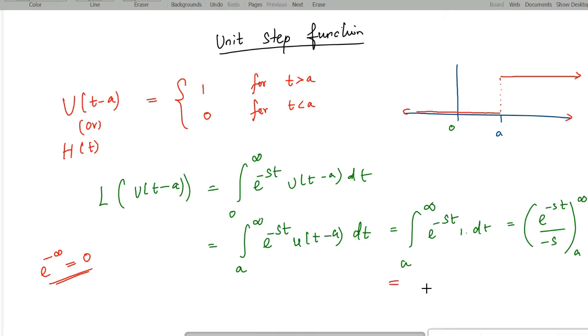From that you get 0 plus e power minus as divided by s. So e power minus as divided by s is the Laplace transform of the unit step function. Depending upon this value a, you have to change the value of the Laplace transform.